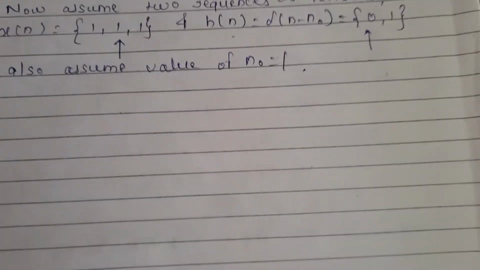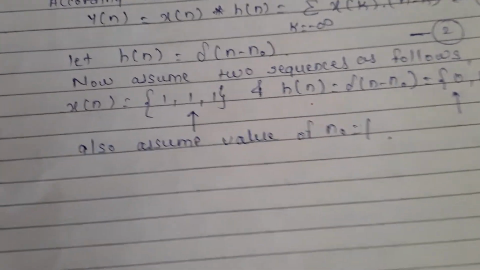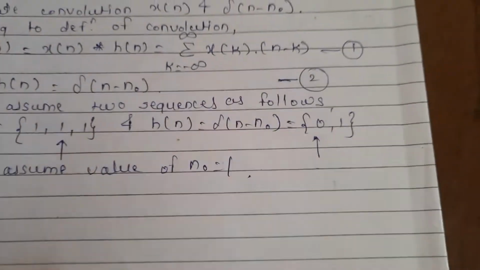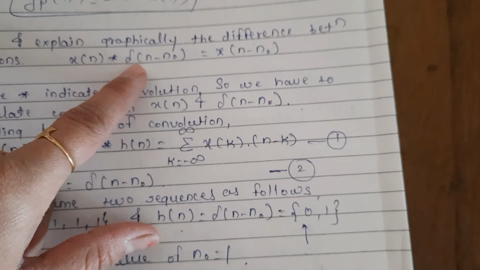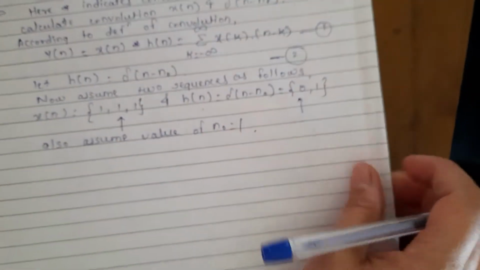Now we draw the diagrams. We draw the product diagram for the product of x of n and delta of n minus n0. First we draw x of n.